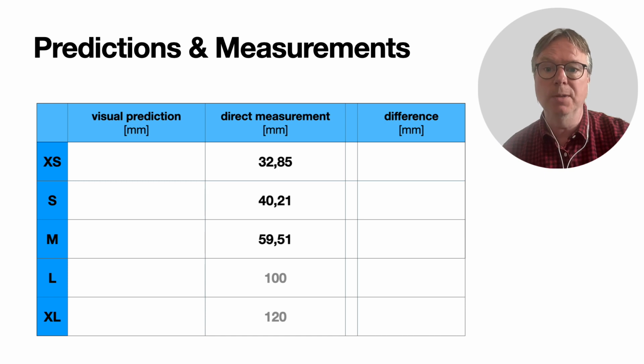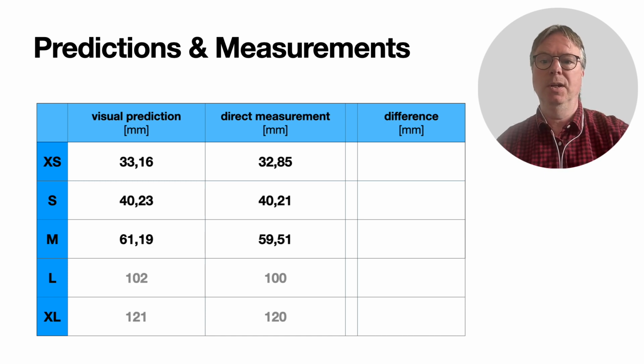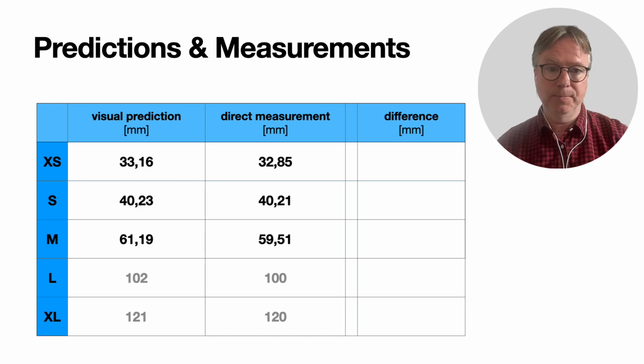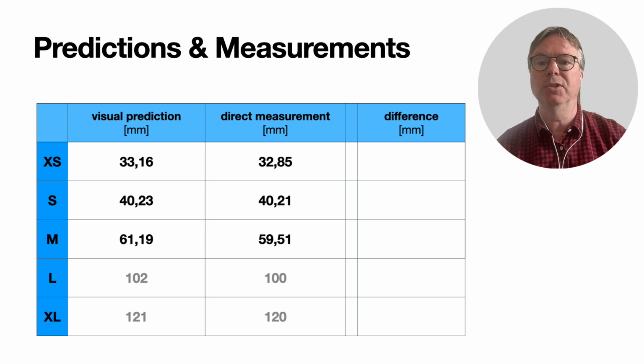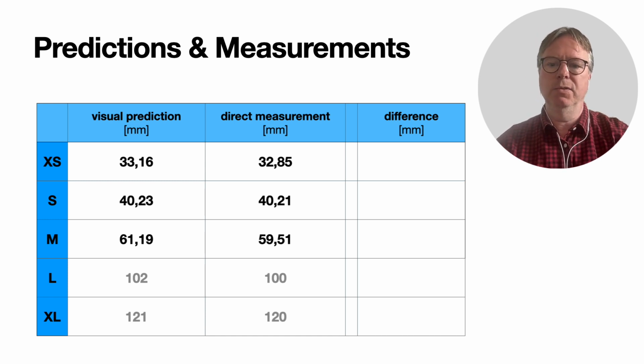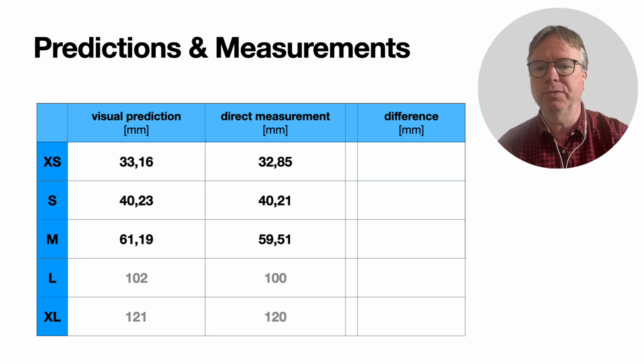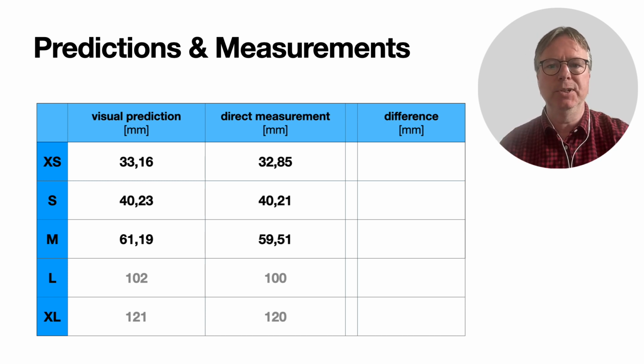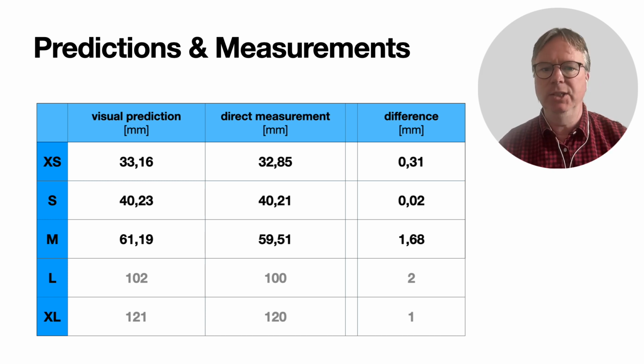So now let's go to the predictions. For the first three I'm also using the high precision for the prediction, and then for the large and the extra large ball or sphere, I'm using just millimeters. But let's look at accuracy. What is the difference between the prediction and the measurement? The difference is really small.